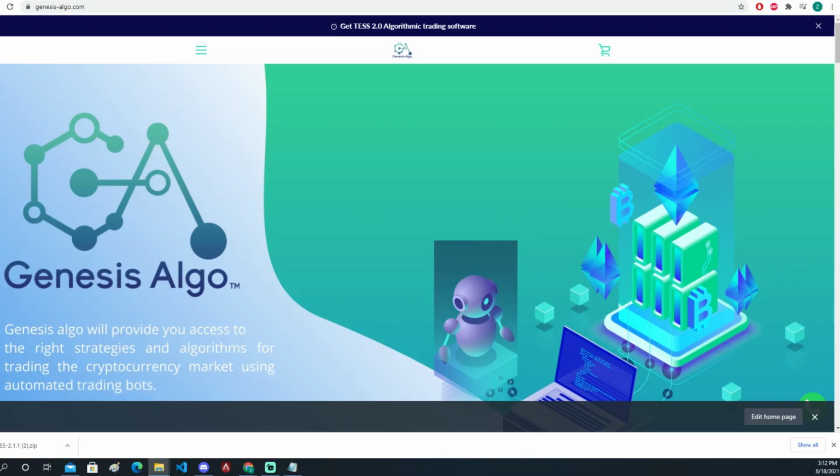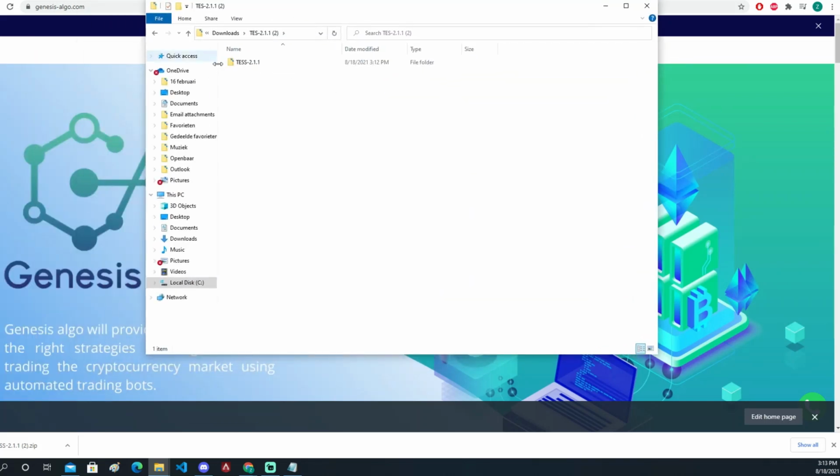I already downloaded this version, so I'm just going to rename it quickly to be TESS with one S. As you guys know, you're downloading a zipped folder, so just extract the folder and you will end up with this folder.